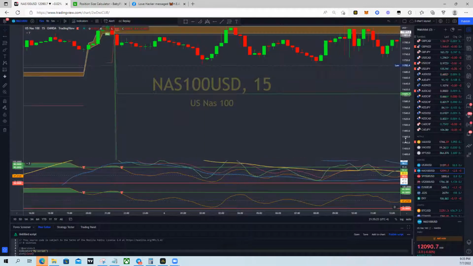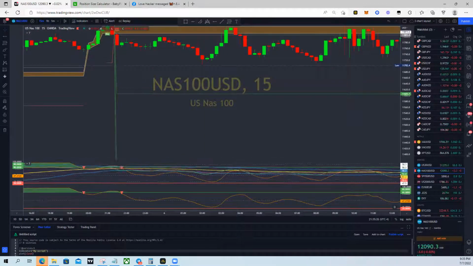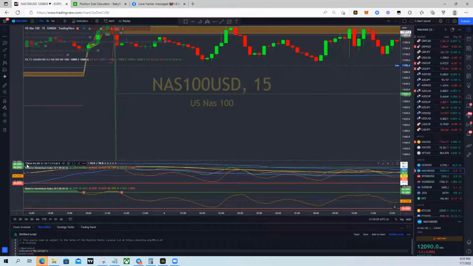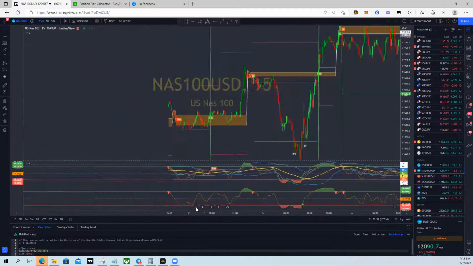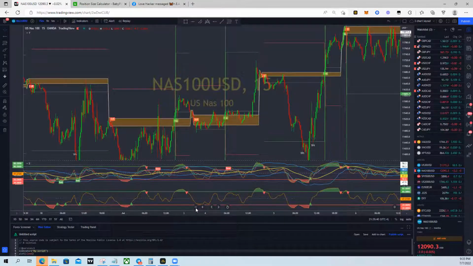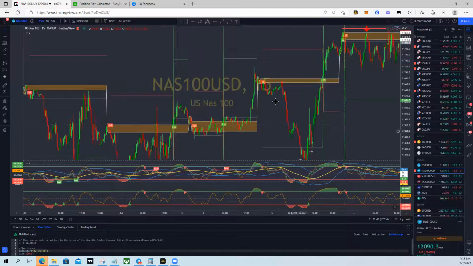Oh, you're talking about this one right here? Yeah, the shark fin at the top. It's a TDI and RSI at the same time. For some reason, hold on. All right, there we go. It looks better now.